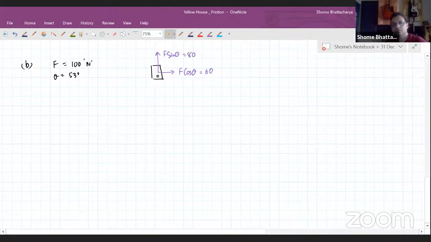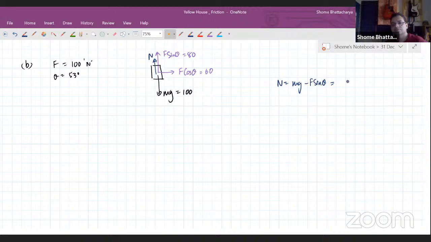So that means the weight being 100 newtons, we have a comparatively small amount of normal reaction. So the normal reaction is only 20 newtons here.